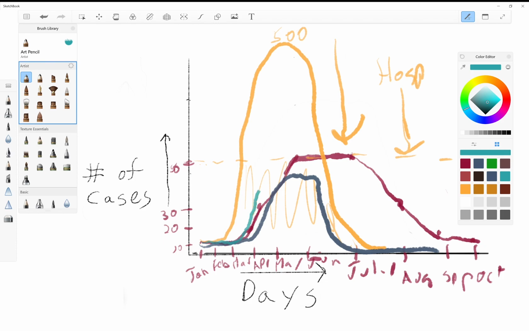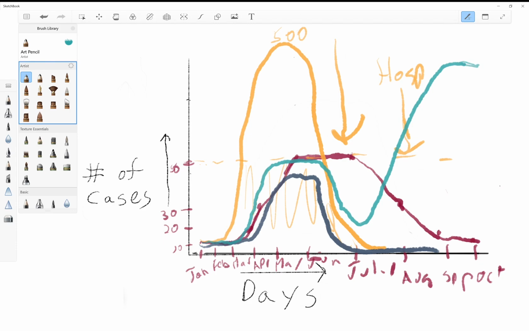We see a rise, and then we start seeing flattening, and we're like, all right, this is fantastic. Okay, it's flat, it's flat. Ooh, it's going down. All right, let's open the economy back up. No more social distancing, and all of a sudden we can start seeing this. So we can see two peaks. This is why it's important.